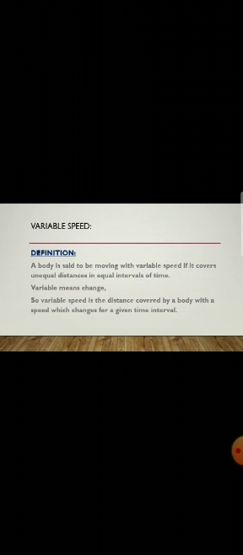The next term is the variable speed. A body is said to be moving with variable speed if it covers unequal distances in equal intervals of time. Variable means to vary, to change. So variable speed is the distance covered by a body with a speed which changes for a given time interval. For example, when driving a car, you do not maintain a particular speed.